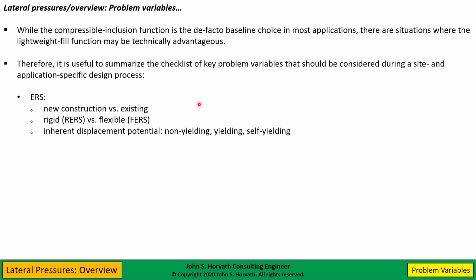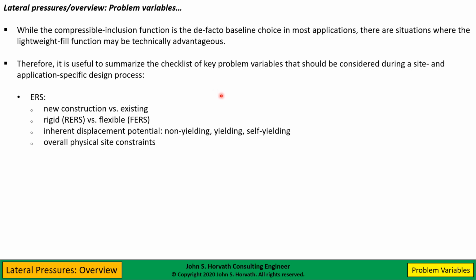That earth retaining structure simply cannot move horizontally because of structural restraint. But if I build a freestanding retaining wall, that is inherently yielding. We know that wall is going to tend to translate or slide and rotate under the earth pressures. It's going to give a bit. You may not be familiar with the term self-yielding. I will explain that a little bit later in this presentation.